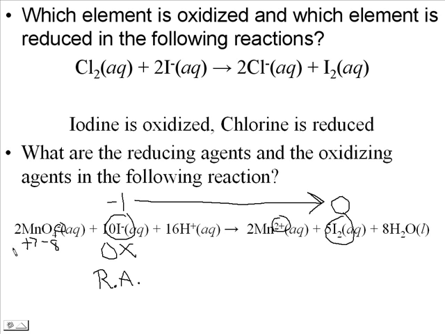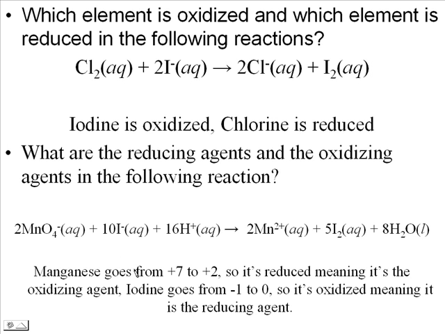So it's going from a +7 to a +2. So it's getting closer to becoming neutral from the positive end. So therefore it has to be reduced. It gained 5 electrons. Therefore it is the oxidizing agent. And I'm sure when I click the button, all this is going to disappear and it's going to say what I just said. Yes. Okay, so there it is.